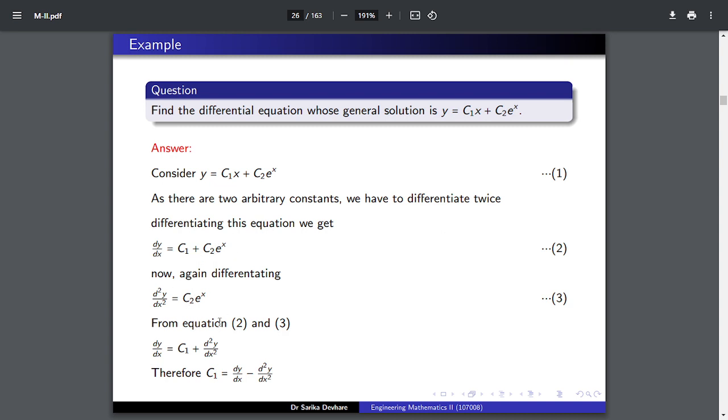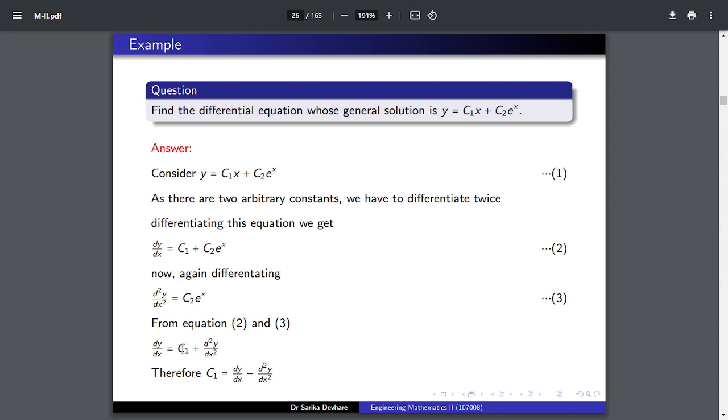Now from equations 2 and 3, we can find the values of c2 e raised to x and c1. The value of c2 e raised to x is d2y by dx square. Substitute this value in equation 2, so equation 2 becomes dy by dx equal to c1 plus d2y by dx square.